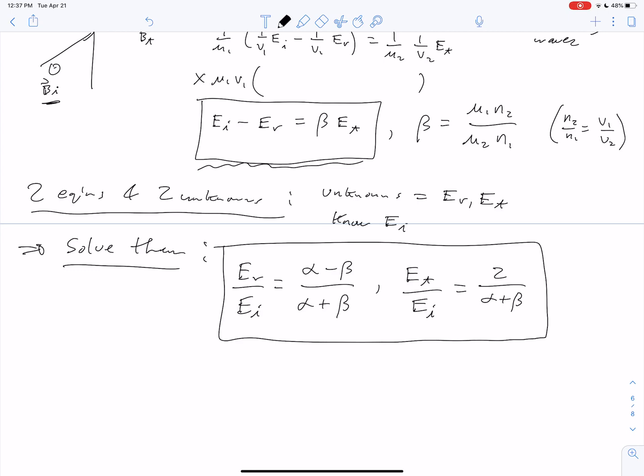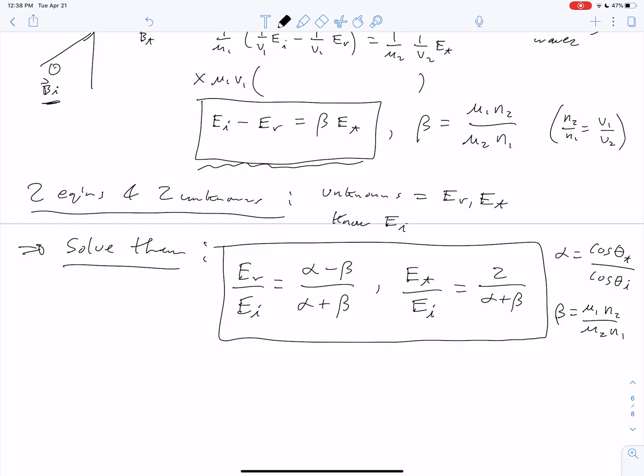Where alpha is equal to cos theta t over cos theta I, and beta is equal to mu1 n2 over mu2 n1.